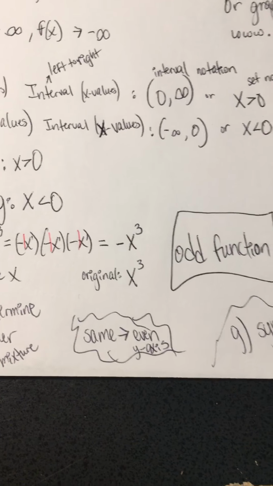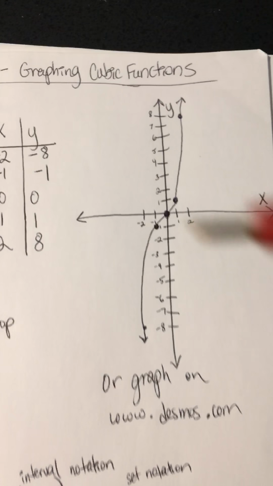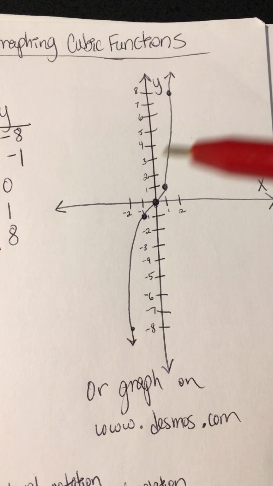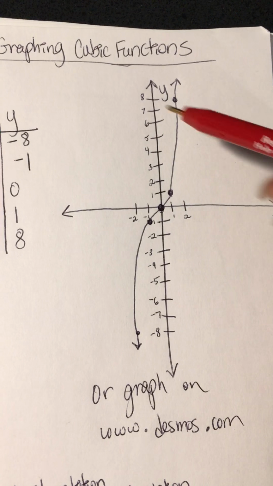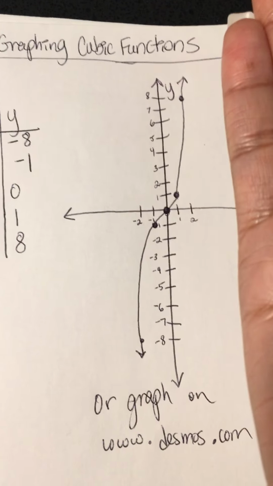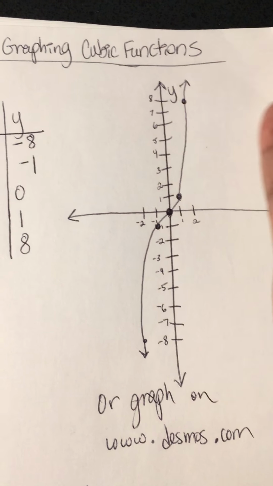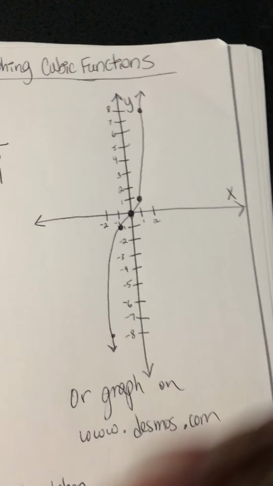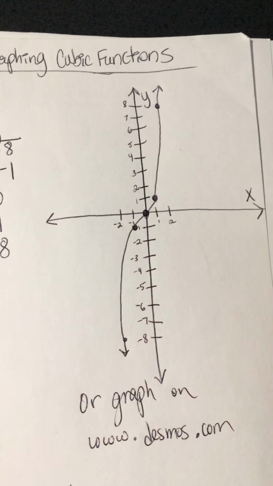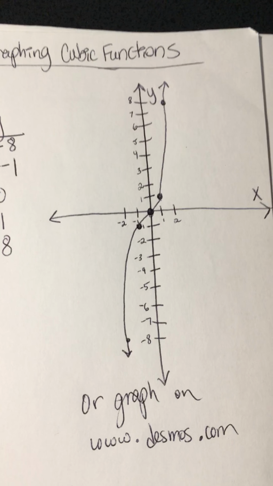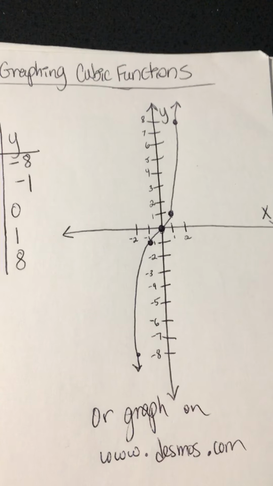Now let's look at our graph one more time. This has symmetry through the origin, meaning if I took the right half of the function, flipped it over and upside down, it makes a match on the other side. I consider odd functions or odd symmetry as a diagonal formation.